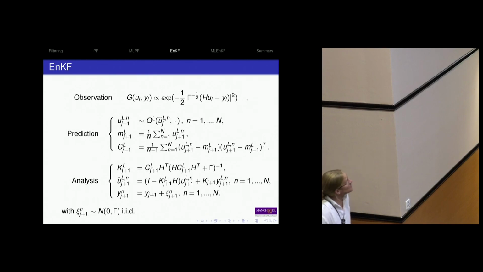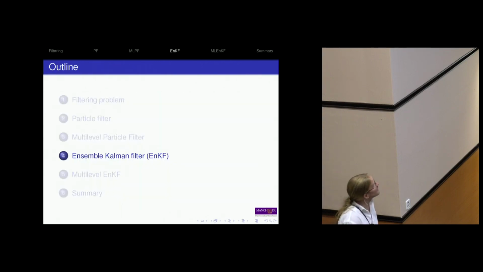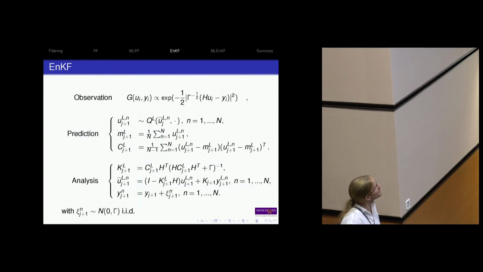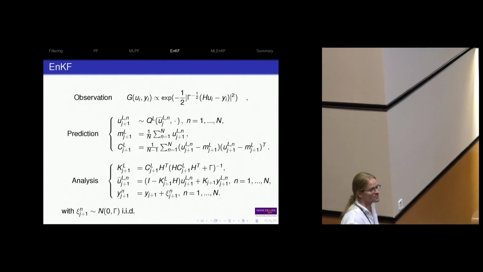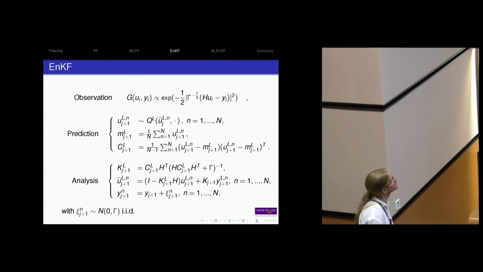All right, so okay, EnKF now. Now I'm going to assume that the likelihood, this G function, is looking like this. So I'm going to make an assumption that we have additive Gaussian observations of a linear function of the solution at the given time.